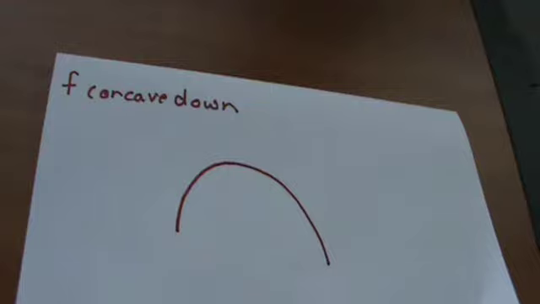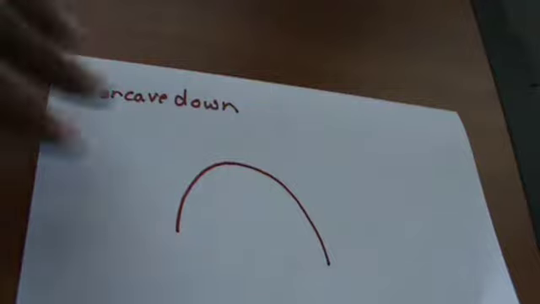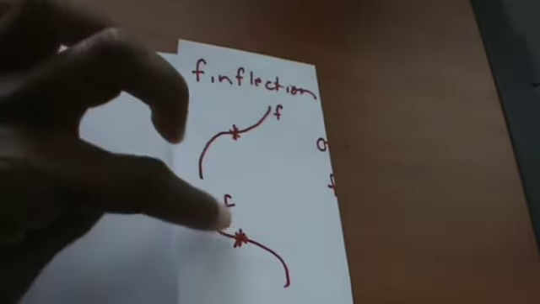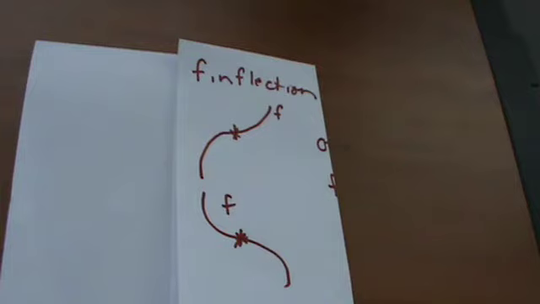And then the last option that we have that's of interest to us is this one. If you're at a point of inflection, and I gave you a couple of options, you go from concave down to concave up. That's this first option. Or you could go from concave up to concave down. So you're switching concavity. Okay?